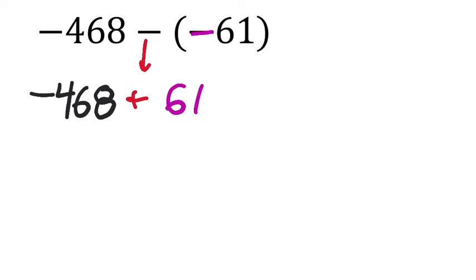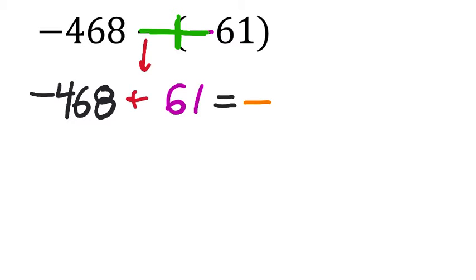Now before, if you wanted to do this, that'd be fine. You could have just changed that into a big plus sign. It doesn't matter. You should get the same answer no matter what. So I am using two values that have opposite signs. I can see that the 468 is bigger and it's negative, so my answer will be negative.